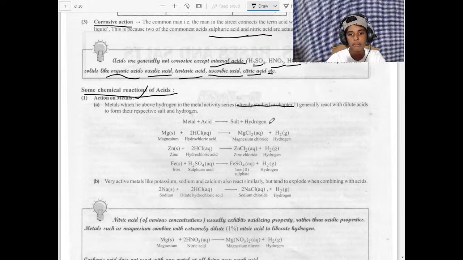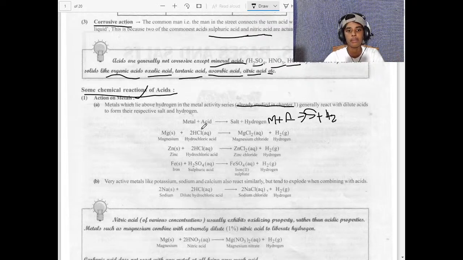Suppose we take one metal plus one acid, it will give salt plus hydrogen.